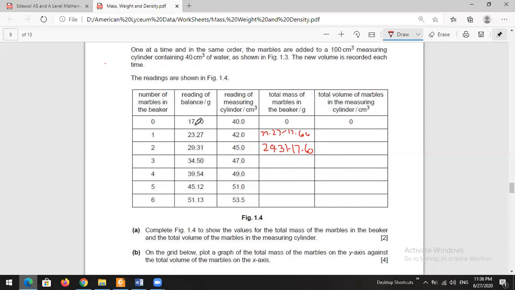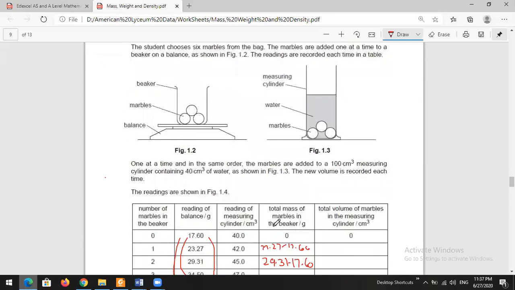Similarly, subtract 17.60 from this to get the answer and write it here, then subtract 17.60 from 39.5, and then 17.60 from 45. So you just fill this column by subtracting the initial reading from the readings when we put the marbles inside this beaker.